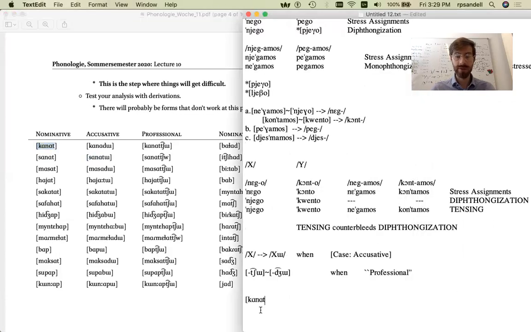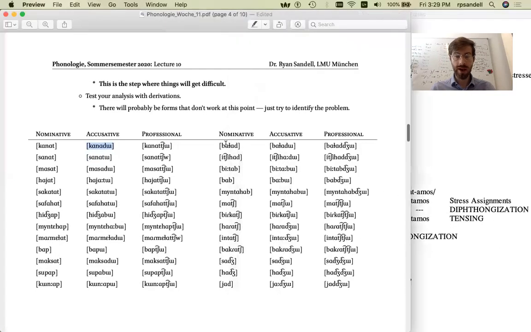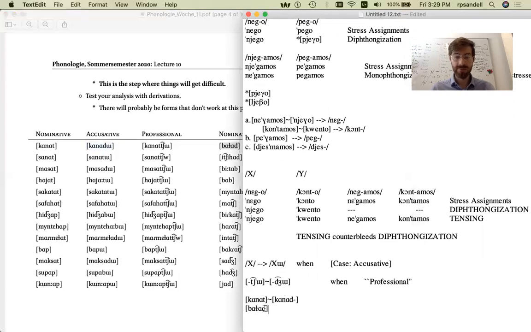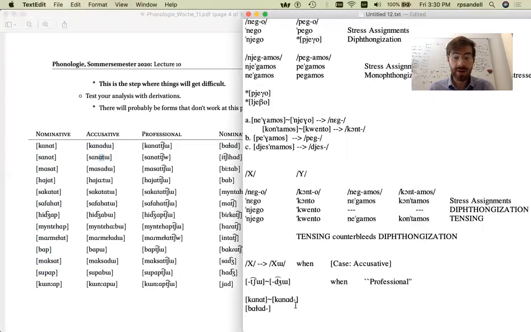It has a voiceless ta, but a voiced da before the ending of the accusative. The next two stems show no allomorphy in that regard. They have a voiced obstruent all the time. So both in the nominative and accusative, there's a voiced da in this word. And in this word, in both the nominative and the accusative, there is a voiceless ta.